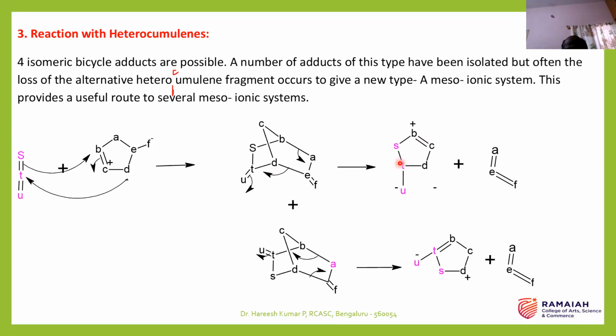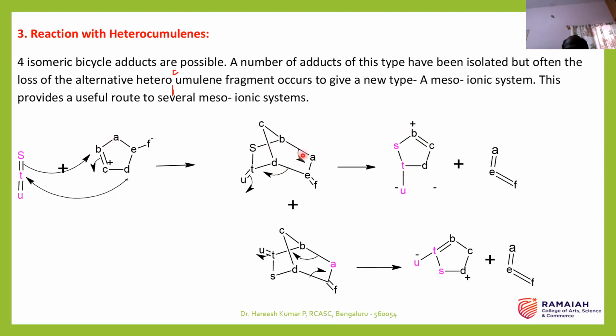meso-ionic compound. So this method will give you a better option to synthesize a new kind of meso-ionic compounds. You can observe that this meso-ionic compound is different from this. Similarly, how is this obtained?